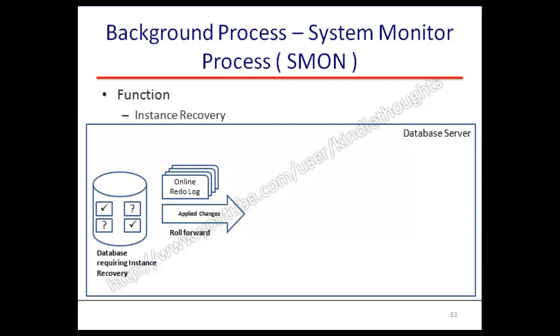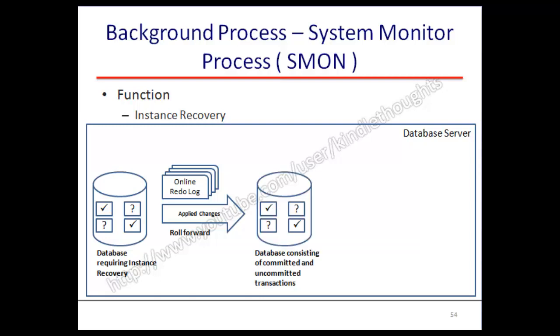Now, once the online redo logs are applied, the database has both the committed transactions as well as the uncommitted transactions, because as you know, the online redo log files capture all the changes in the database irrespective of whether it's committed or not. As a part of the application of online redo log files, the rollback segments also get populated with data, and this would be used to roll back the uncommitted transactions.